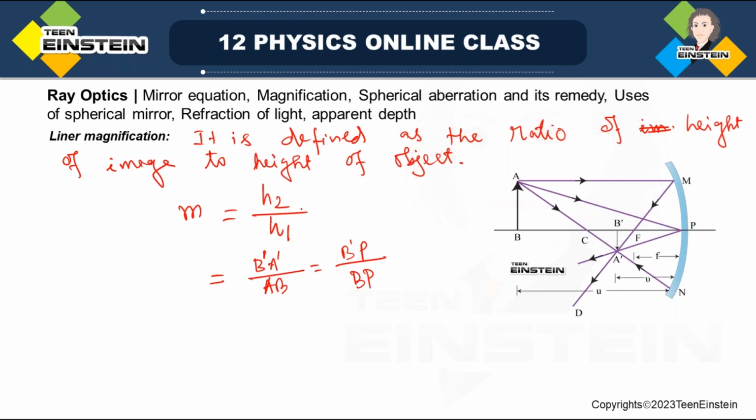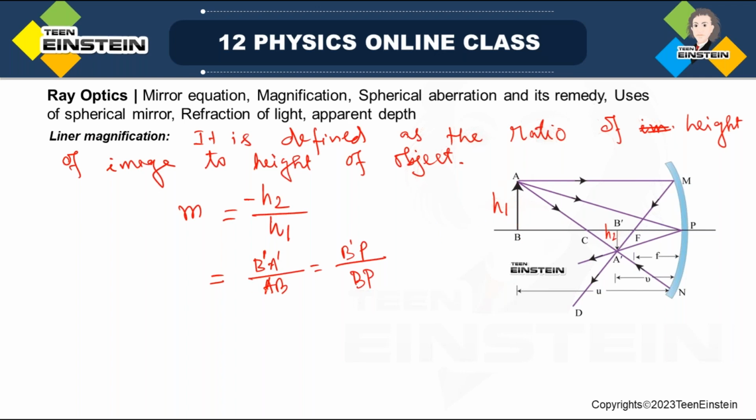See here, the height of the image is H2 and the height of the object is H1. If we go with proper sign, this will be minus H2, because H2 is measured in the negative y direction, and H1 is measured from B to A, which is positive.